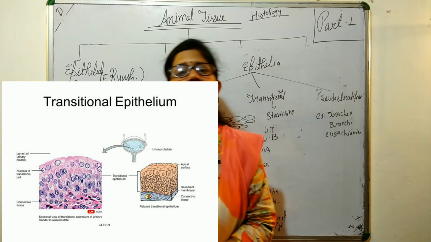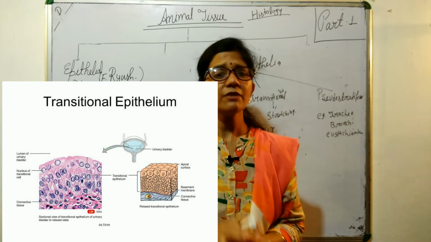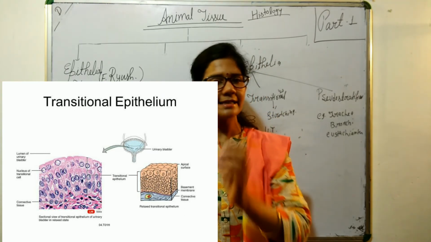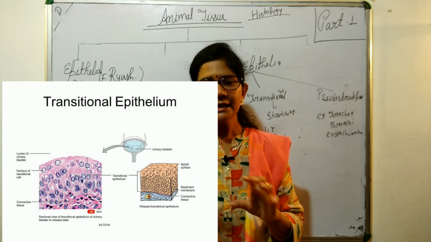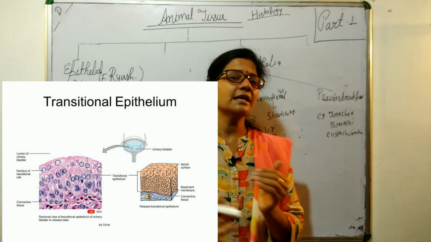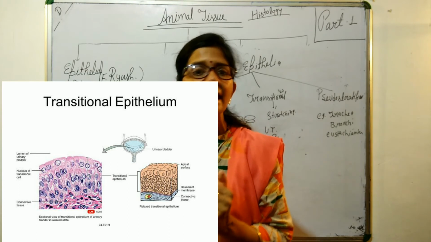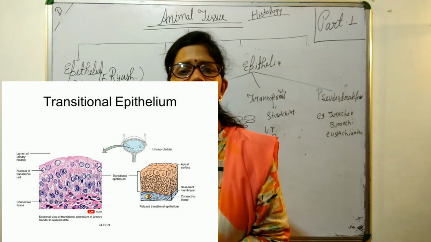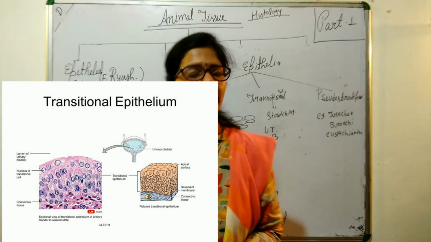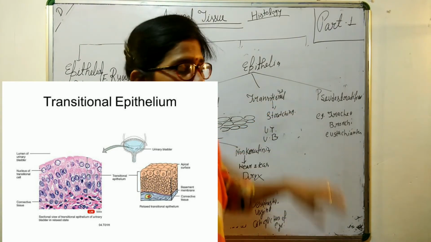For example, in the urinary bladder, when there is no urine, its size is small, but if urine fills it, then the size of the urinary bladder gradually increases, and it can increase to 2 to 3 times more. So it is the transitional epithelial tissue.